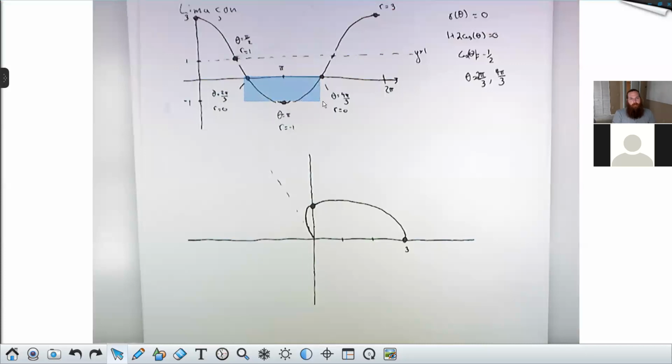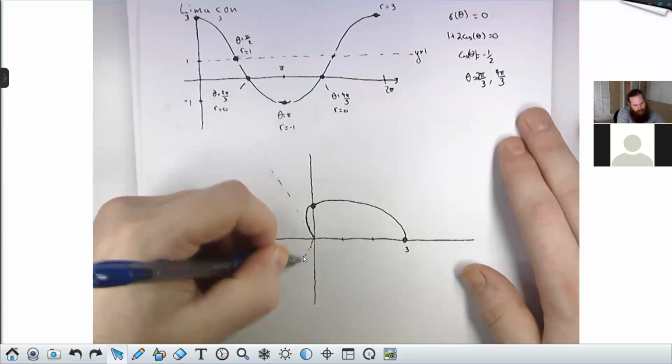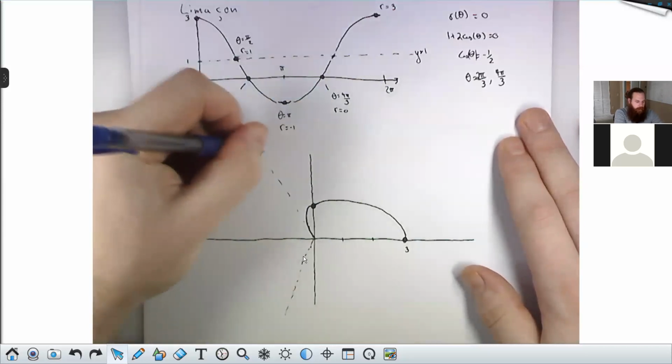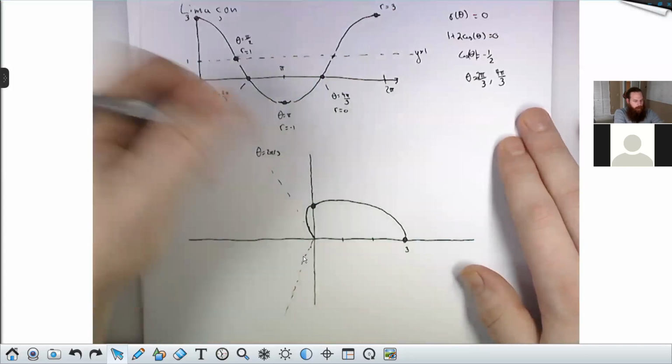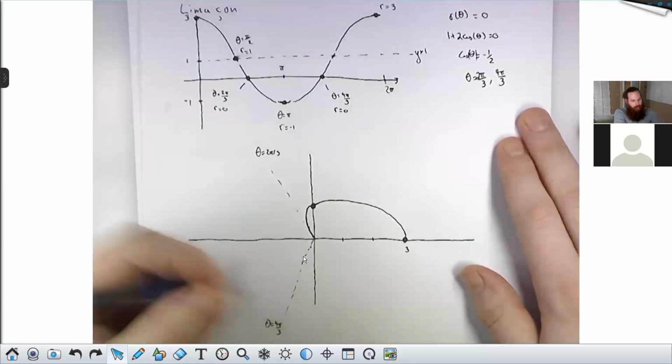Here's the fun part, where r is negative. Between 2 pi over 3, which is here, and 4 pi over 3, which is symmetric down here. So this is the theta equals 2 pi over 3 ray, and this is the theta equals 4 pi over 3 ray.